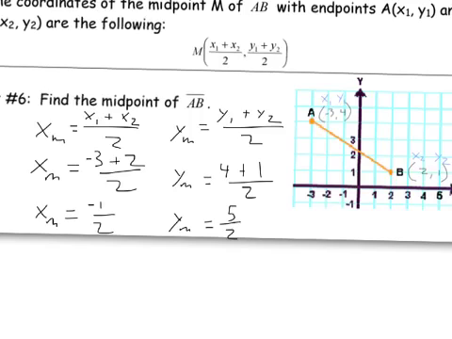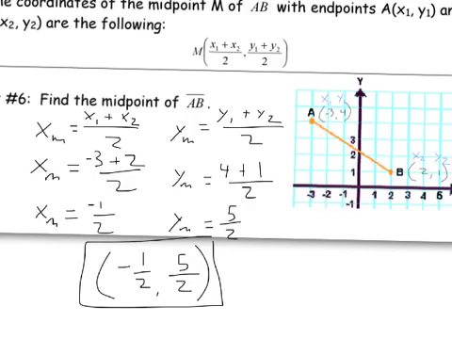So I'm going to write my final answer as -1/2, comma, 5/2. And there we go. That's my answer. There's the midpoint. So the midpoint's somewhere right about there. And there you go. That's how you do it. Just plug it in, you get your x coordinate, you get your y coordinate, and then you put it in as an ordered pair. Alright, let's go to the next page.